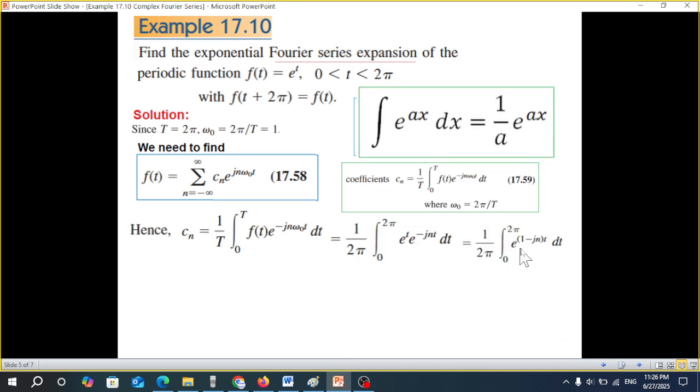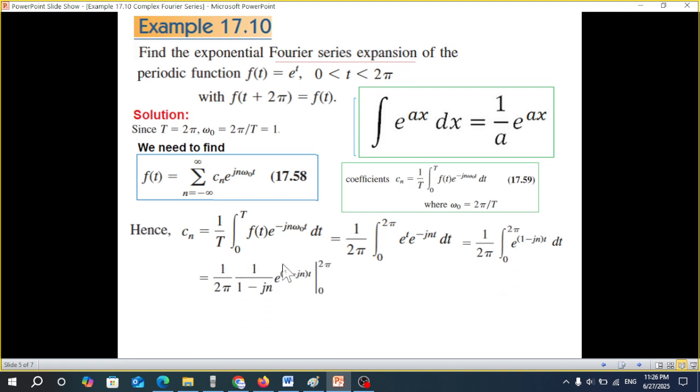We need to integrate. For that, I hope you remember this type, that the integration of e raised to the power ax dx is 1 over a times e to the power ax, and then you can write some constant. We don't need to write it here.